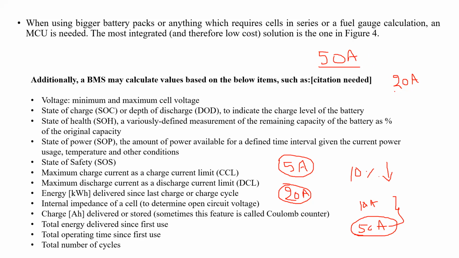The discharge current level is 20 amperes only. So if the discharge current level increases beyond this value, then what will happen? Again, the temperature increases, and the heating damages the battery. So that's why the battery management system should always monitor the discharge current limit also.